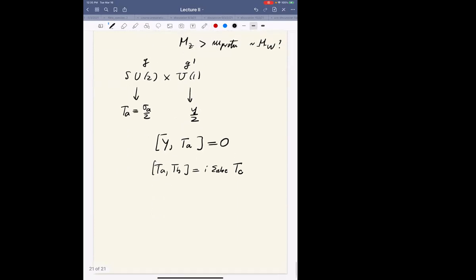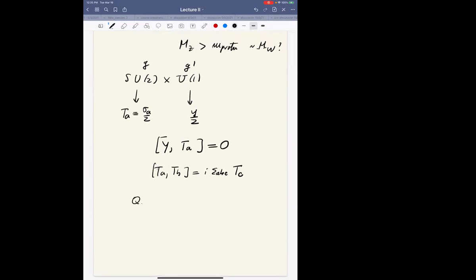So I have a question for you, a fundamental question. Could hypercharge be electromagnetic charge or proportional? Is that possible?